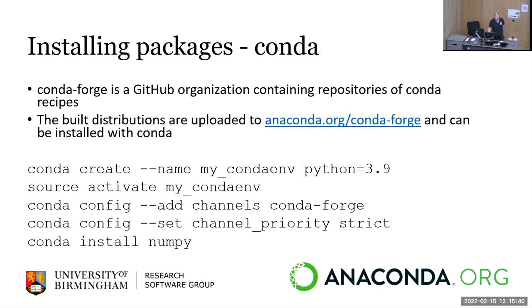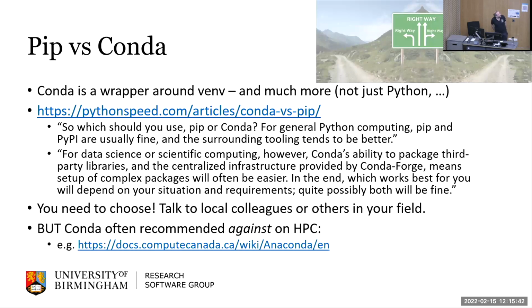So, obvious question next, which one do you use? The image at the top right hopefully implies that there is no one perfectly right way here. The penultimate big bullet point on there, you need to choose, talk to local colleagues or others in your field, is the really important point. If you're working with a supervisor who uses Conda all the time, don't say, I'm never going to use Conda, I don't like it, I'm going to use pip, because you're just going to keep clashing.